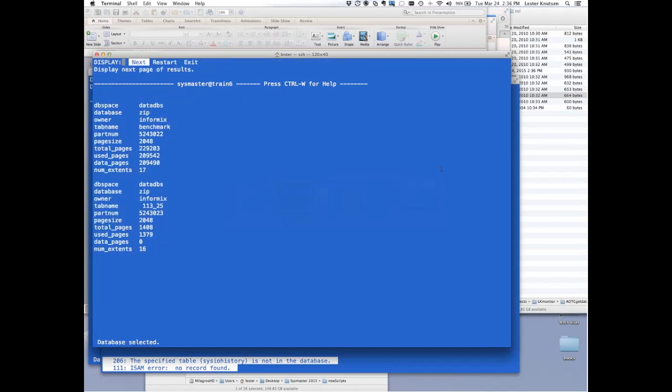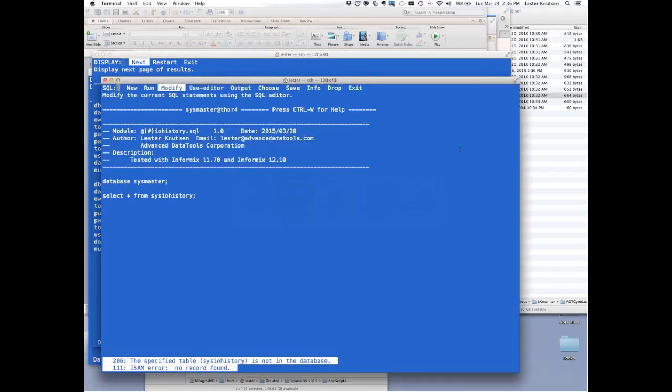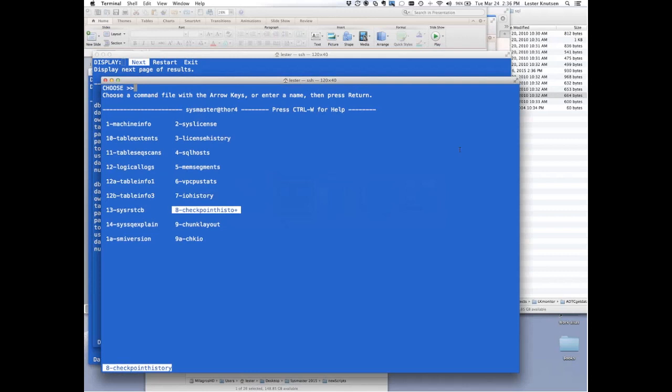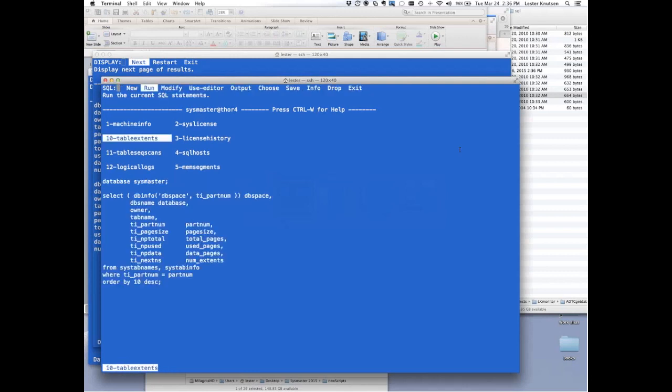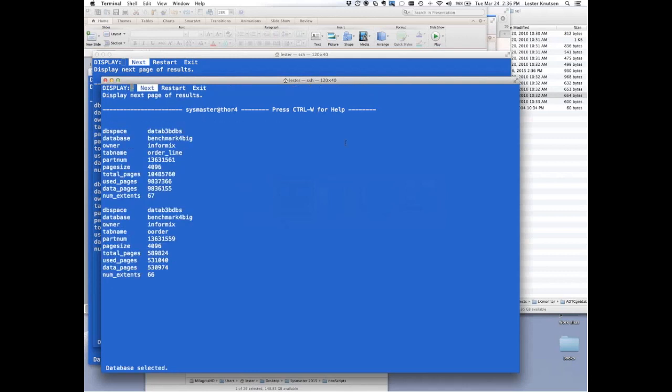So this is telling me I've got 17 extents here in the table benchmark in the zip database in DataDBS. If I go here to another system, this one says in the table online order, I have 67 extents.